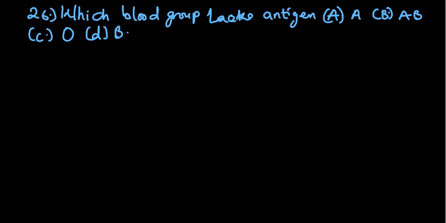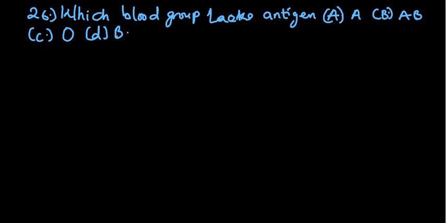So which blood group lacks antigen? If they ask you this question, you should know the meaning of antigen. You need to know the meaning of antibodies. So let's talk about some blood groups.